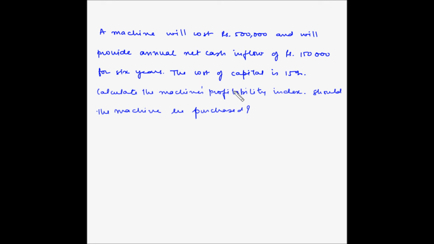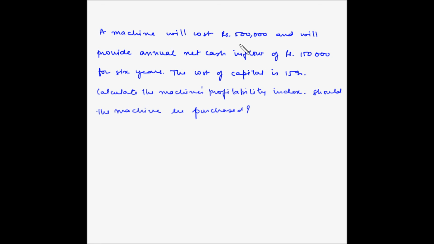So I want to point out one thing here before we proceed with the solution. In order to decide whether to purchase this machine or not, we have to understand the information that needs to be provided. So we know the cost of the machine, we know what is the cost of capital, and we have also forecasted how much cash inflow will be generated by the machine for the next 6 years.